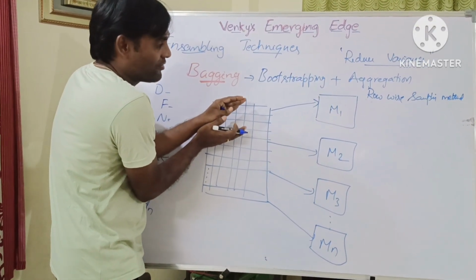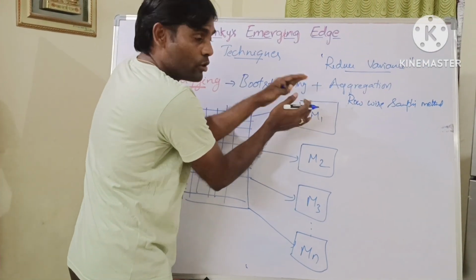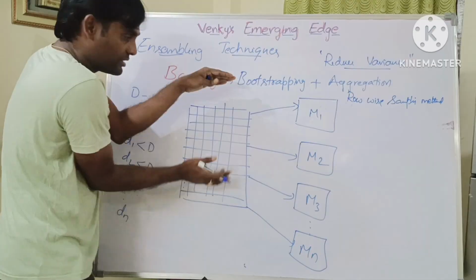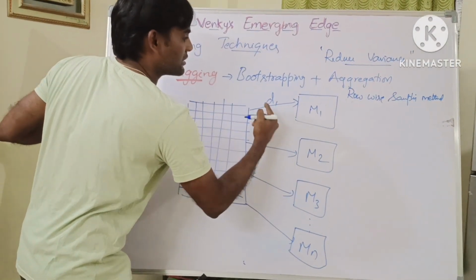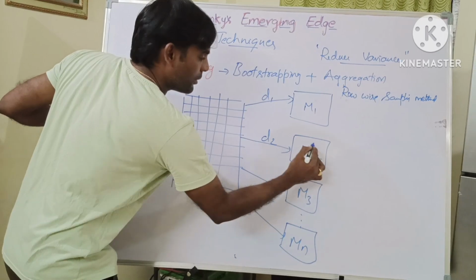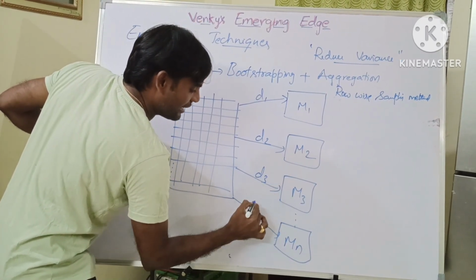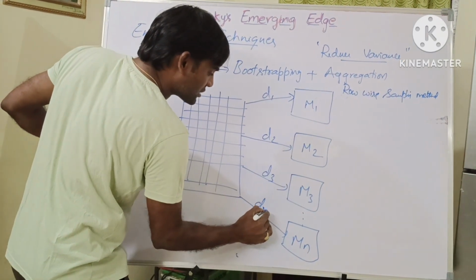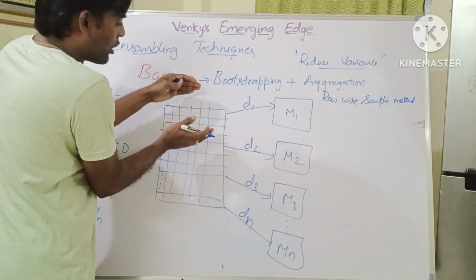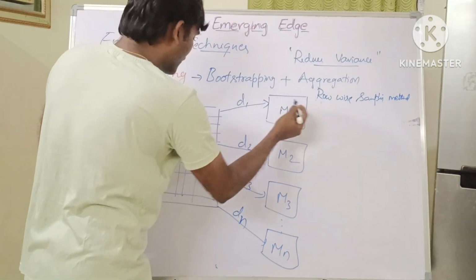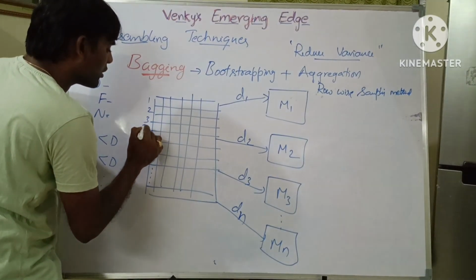That means, sir, how is this? For example, rows 1, 2, 3, 4, 5, 6 and so on. Rows 1, 2, 3 are given to M1, and 3, 4, 5, 6 are given to M2. This is not wrong, because here sampling is done by using the row-wise sampling method with replacement.